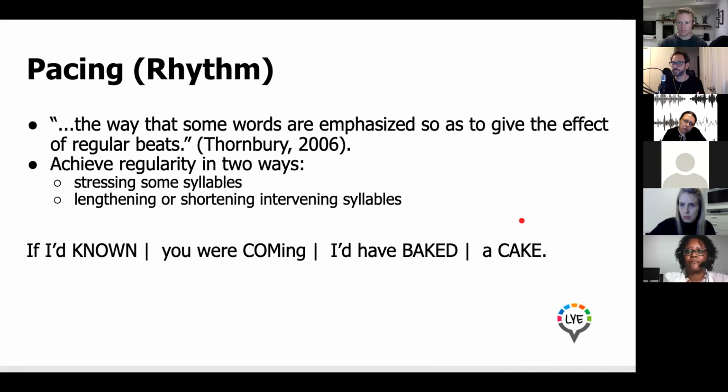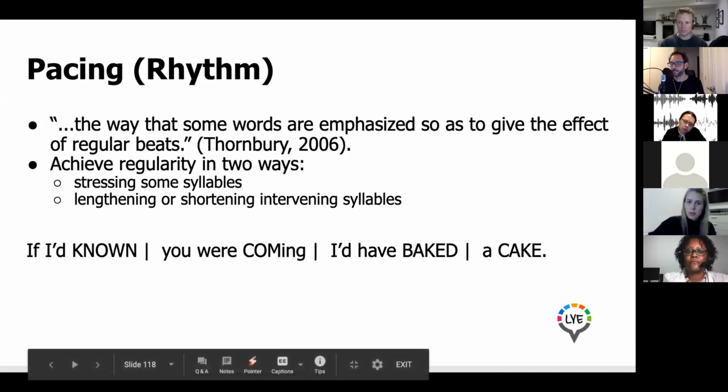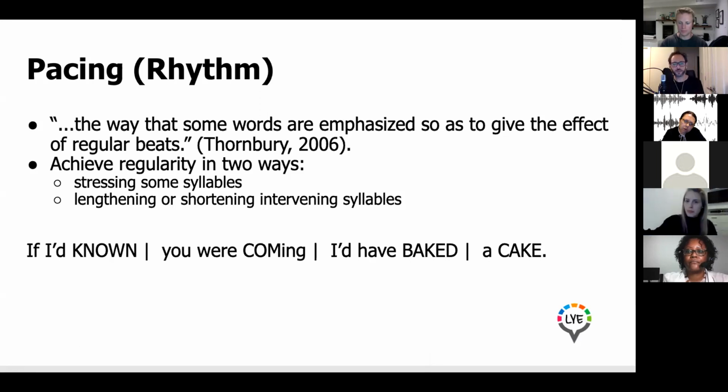A very good example of this would be this nursery rhyme here. I guess it's a nursery rhyme. If I'd known you were coming, I'd have baked a cake. Or is it a song? I think it's a nursery rhyme. But this pattern of strong, weak, long, short, that's what really gives the language its rhythm.